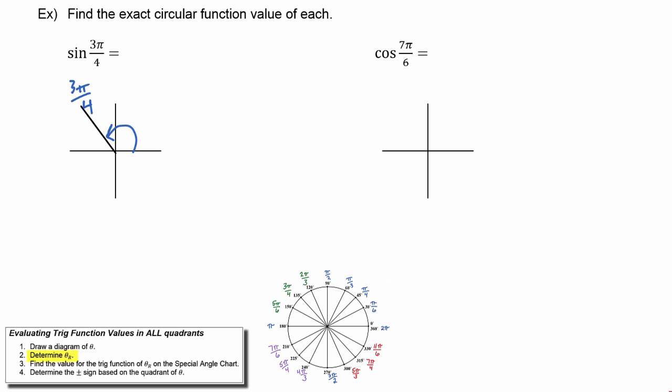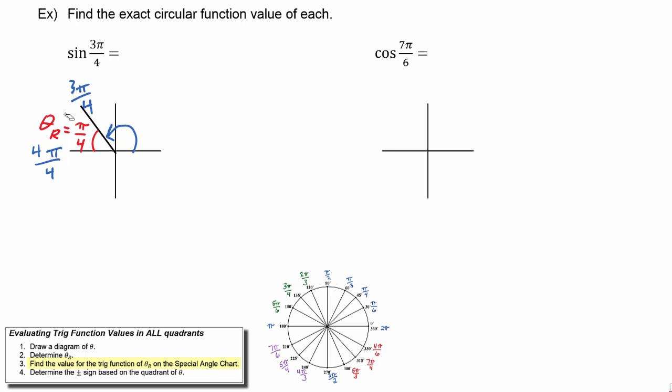Step 2, we have to find the reference angle, and we know that the nearest x-axis here is at pi, which we can think of as 4 pi over 4. So we know that our reference angle is going to be pi over 4. All we have to do is subtract 4 pi over 4 minus 3 pi over 4 to get 1 pi over 4.